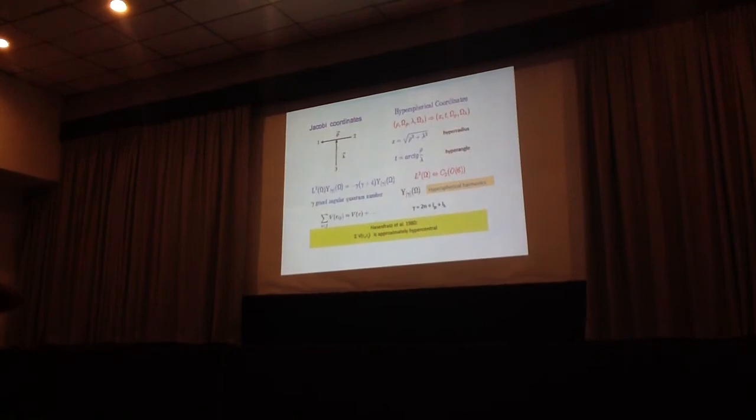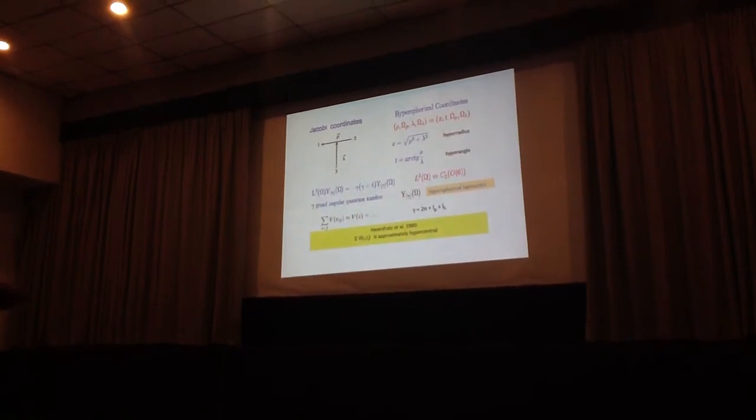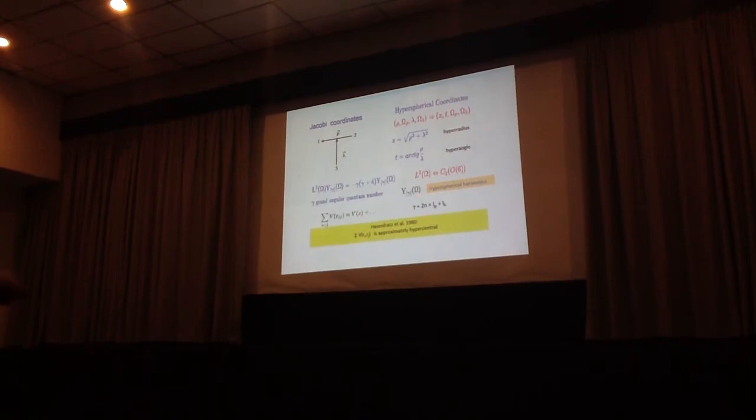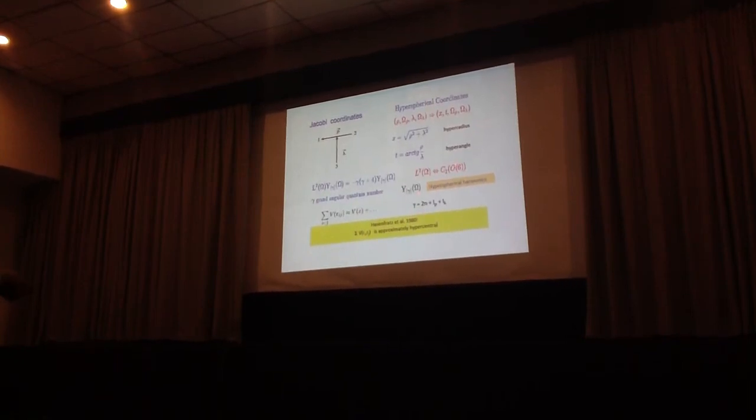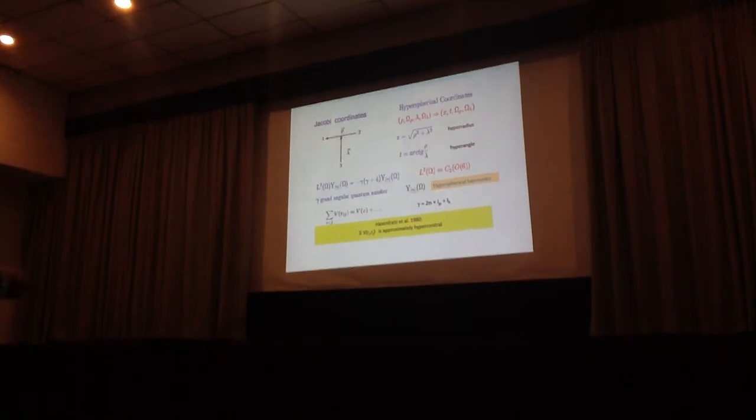These hyperspherical harmonics are eigenfunctions of the Casimir operator of the O(6) group, and the eigenvalues can be written this way. Gamma is called the grand angular quantum number, and describes the geometrical part of the wave function.